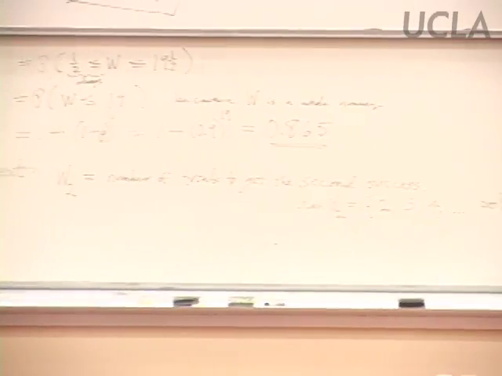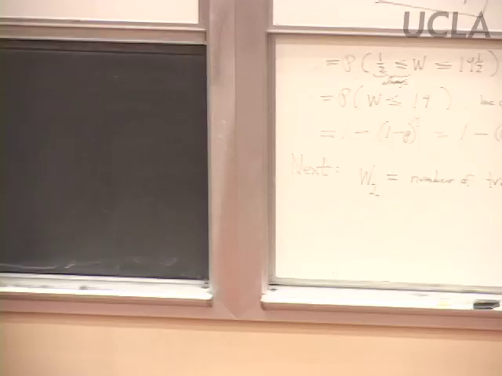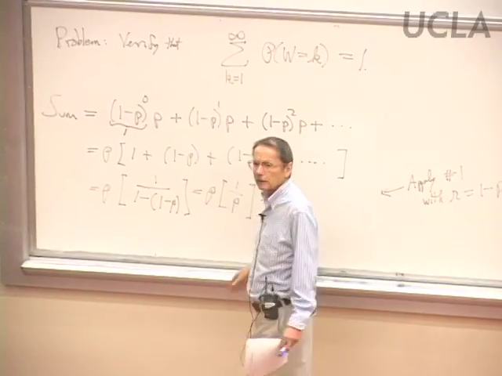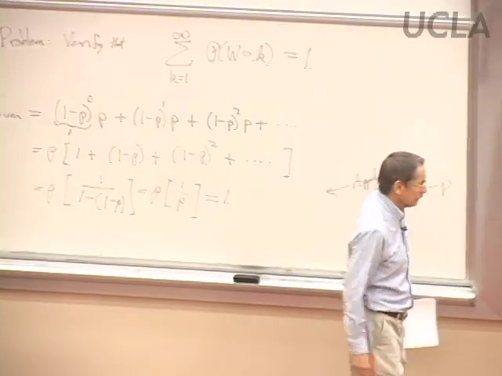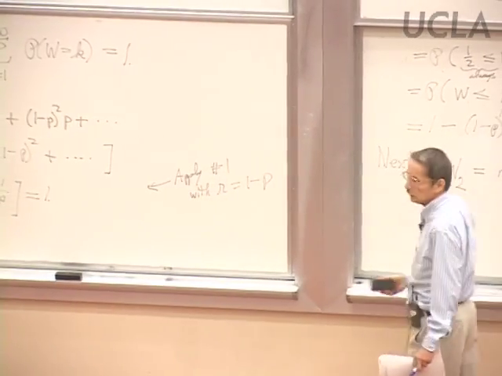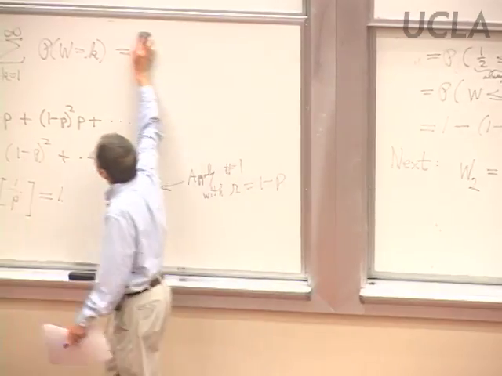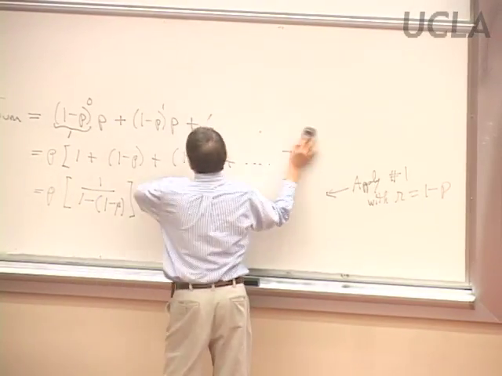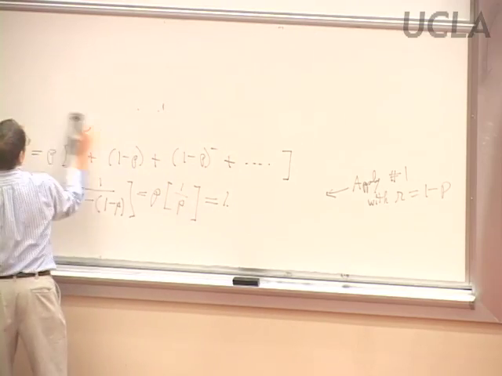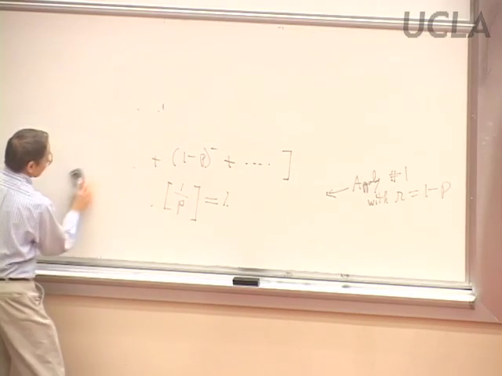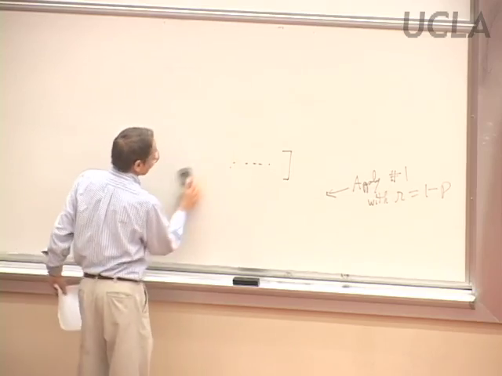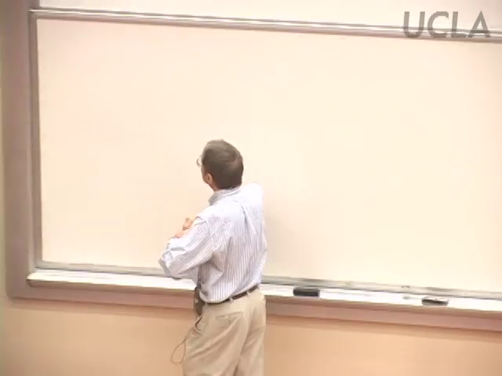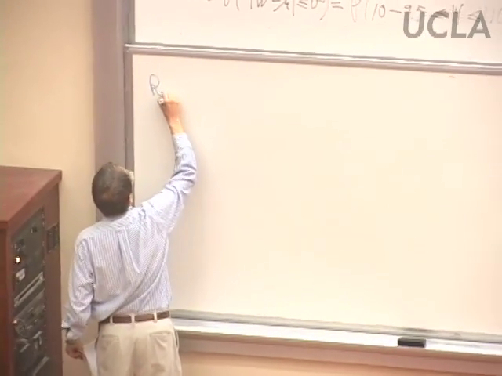Well, now we're ready to do the real problem. What's the probability that W2 is k? That is, we want to find the probability mass function for W2. So that was just a warm-up.